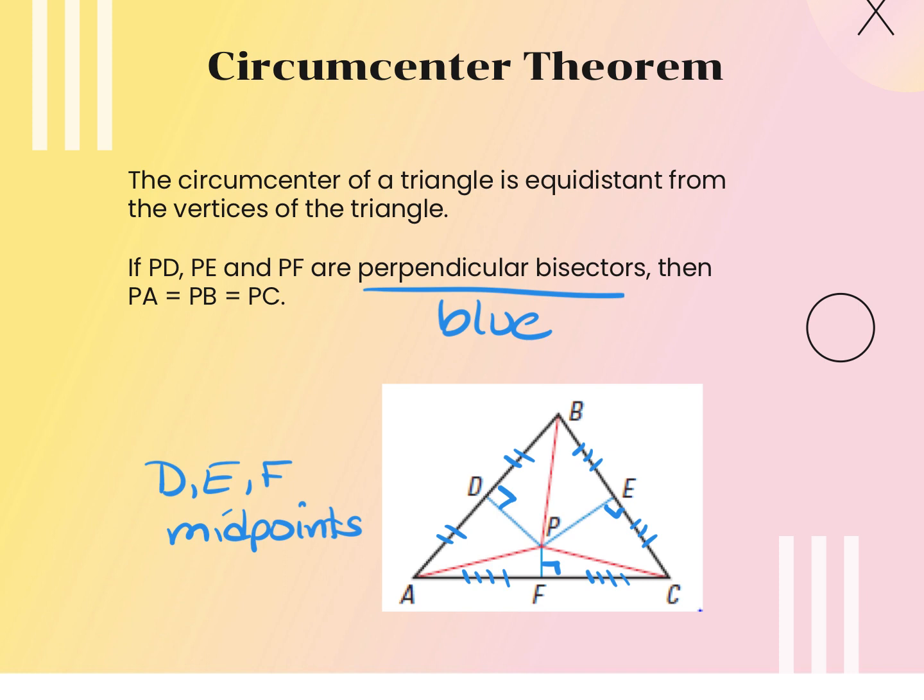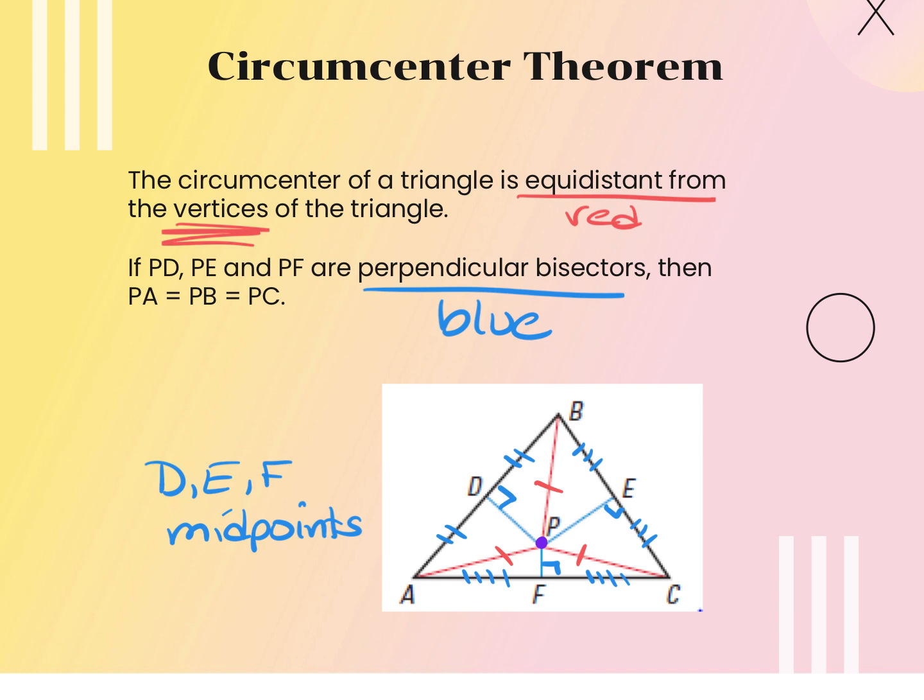Now, all of the red lines are going to be the equidistant segments that go from this point of concurrency, this circumcenter P, to each of the vertices. So it goes from the center to the vertices, and all of the red lines are congruent because they're all equidistant from P to each vertex.